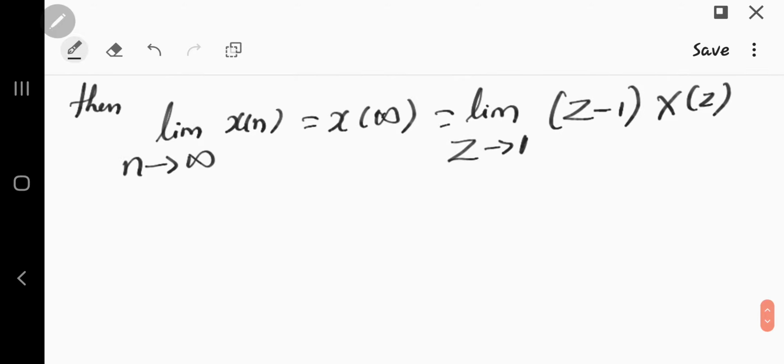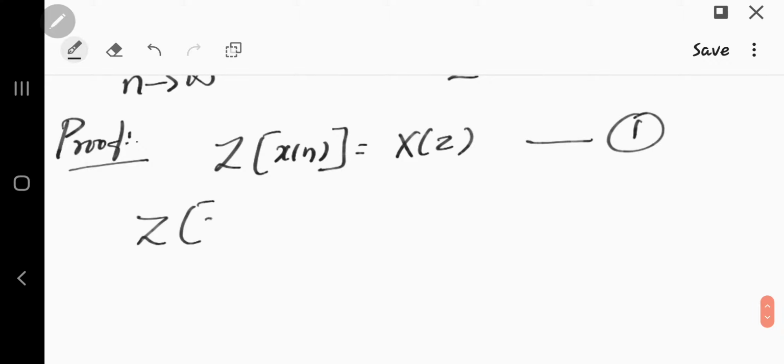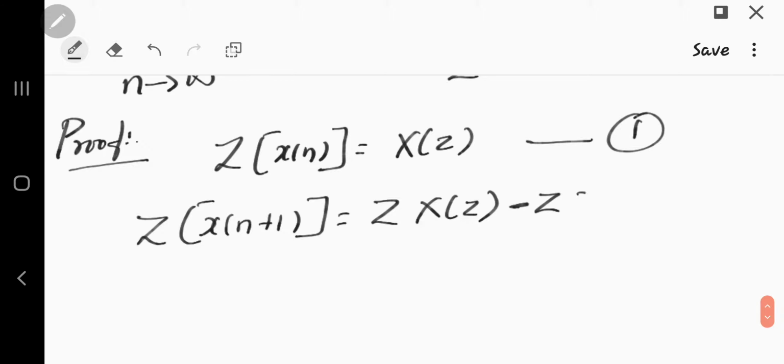Okay. Now coming to the proof for this, we have z transform of x of n as x of z. So you can call this equation 1. So z transform of x of n plus 1 can be written as z into x of z minus z x of 0.